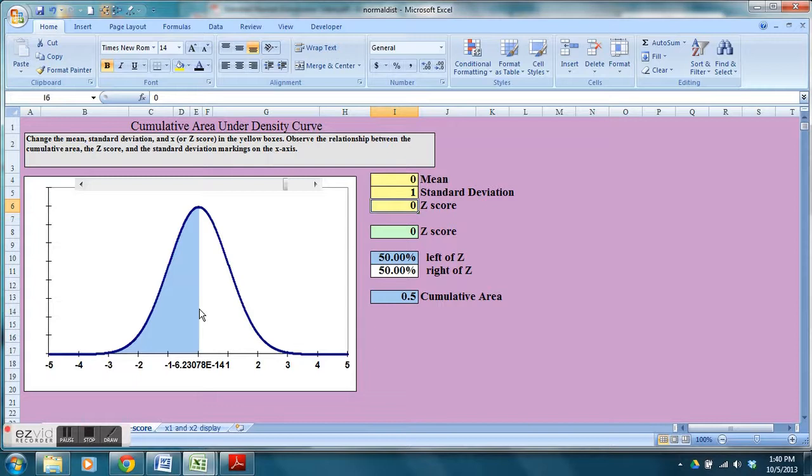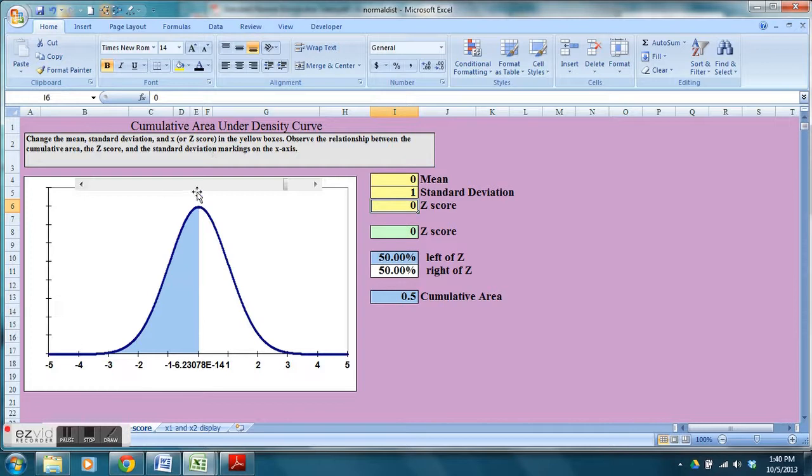Anytime you have a normal distribution, the mean is the median. That's a property of the normal distribution. So the probability that any normal variable, in this case z, is going to be less than its mean is always 50%. You know, the probability that it's going to be greater than the mean is also 50%.